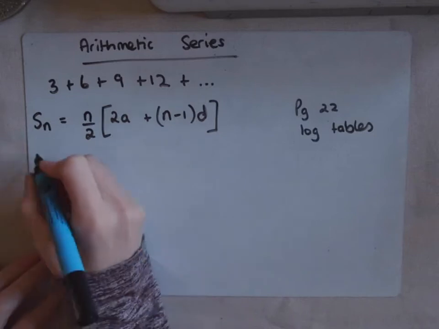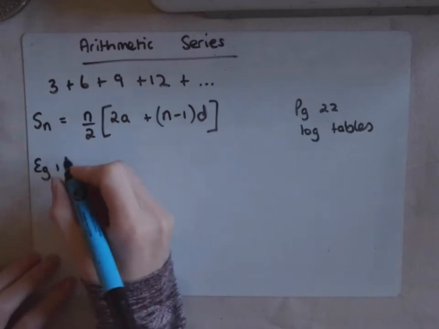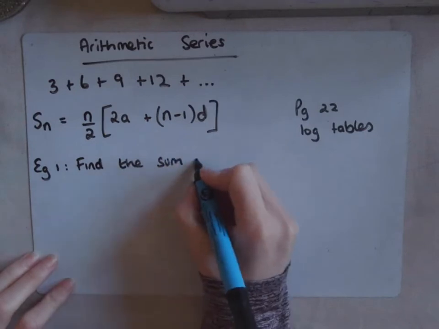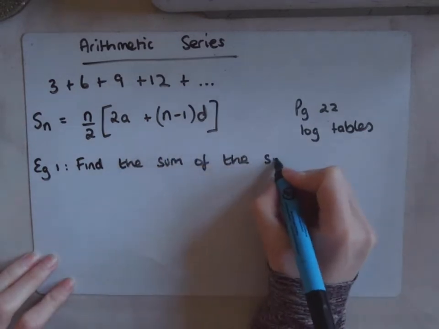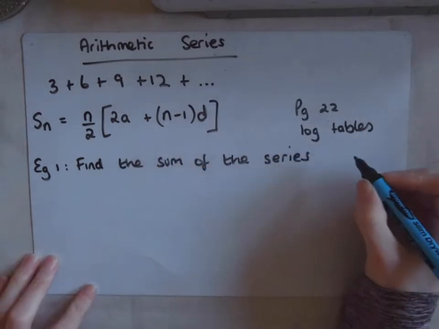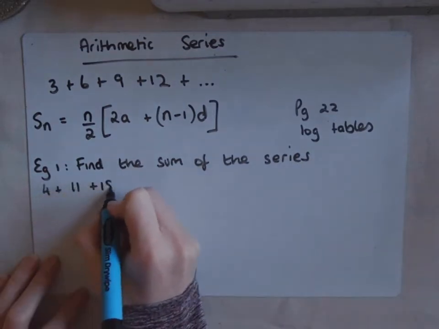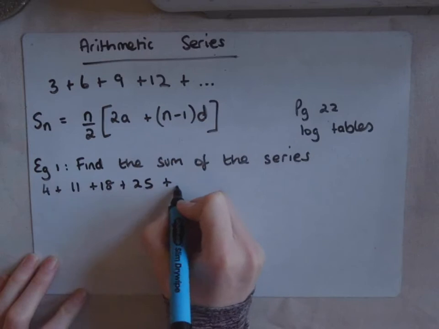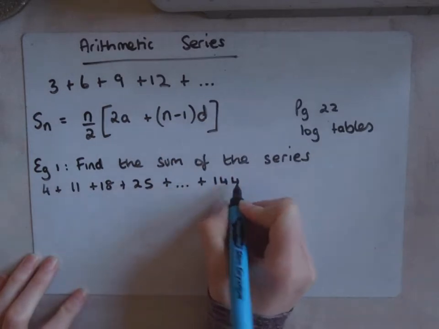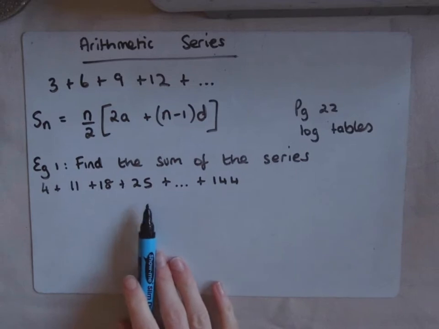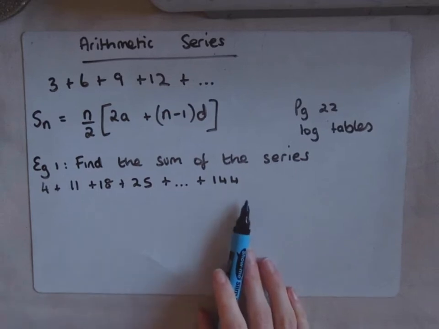So let's do an example. Find the sum of the series 4 plus 11 plus 18 plus 25 up to 144.